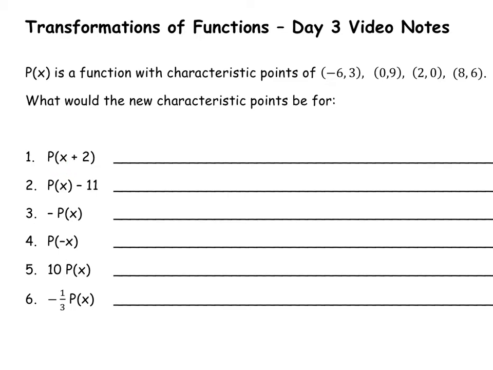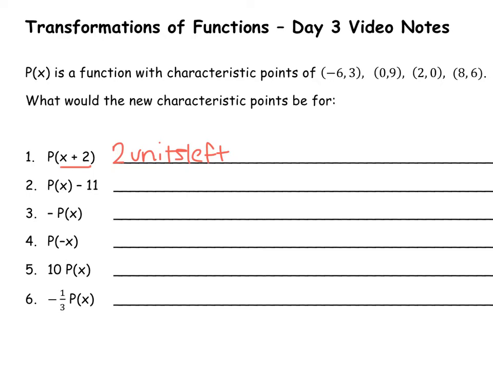So this translation of plus 2 is going to translate our function 2 units left. And remember that a horizontal translation is backwards from what we would think. So this means that we are going to be subtracting 2 from each of the x coordinates.